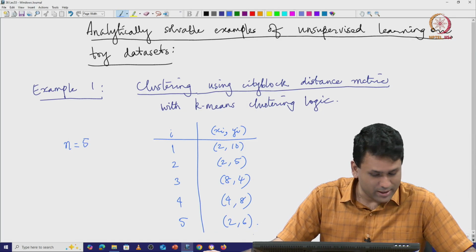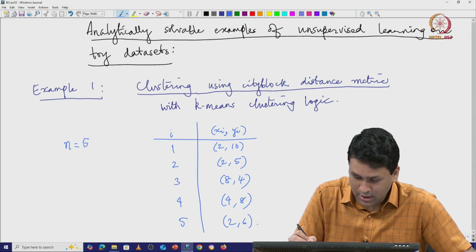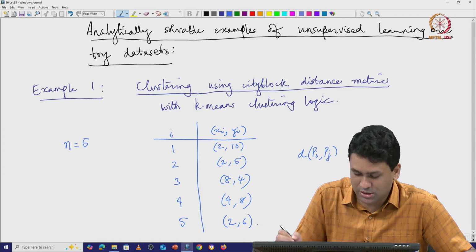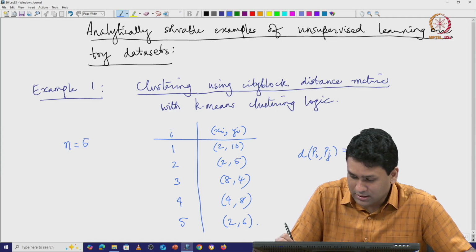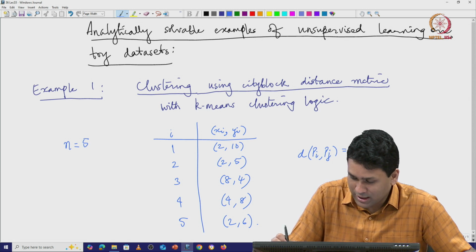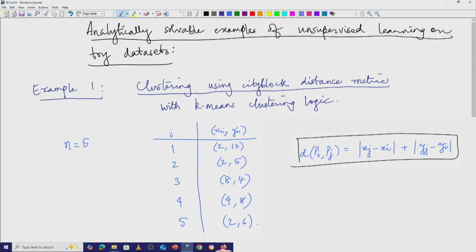Okay. And like I said, we are going to consider the city block distance. So here the distance between 2 points pi and pj is defined as the sum of the distance in the x direction plus the distance in the y direction independently.